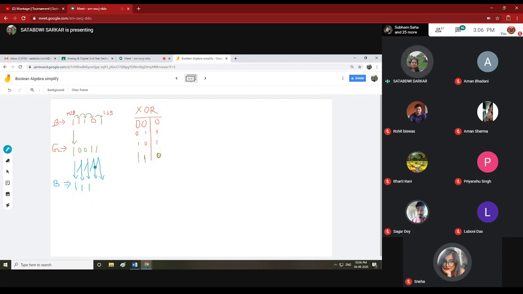Now 1 1 comes 0, and 0 1 again gives 1. So our output is okay. The binaries are same, isn't it? So this is the conversion from binary to gray and gray to binary.